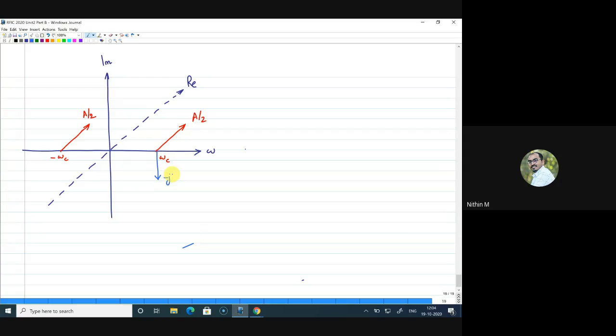So the value is minus j A by 2, which means it is turning clockwise by 90 degrees. Now the amplitude is minus j into A by 2.